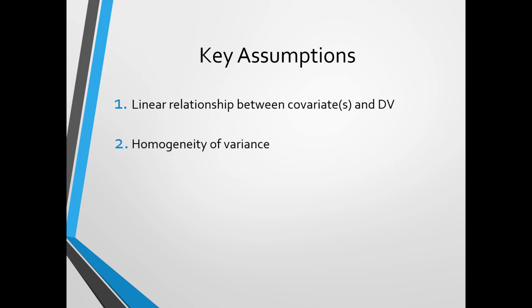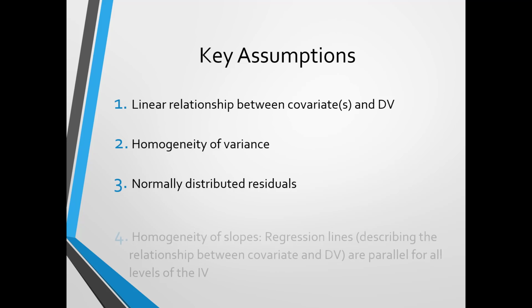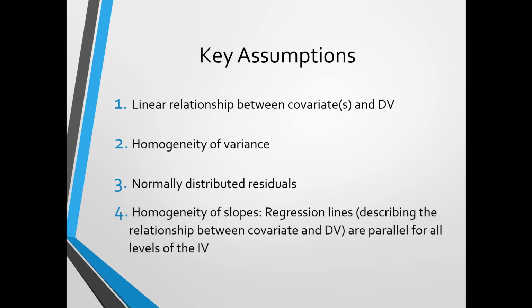There's homogeneity of variance, and you already know how to test for that using Levene's test. There are normally distributed residuals, and you can check this in a manner very similar to what you did for simple regression. And here's a new one, homogeneity of slopes. The regression lines describing the relationship between covariate and DV are parallel for all levels of the IV.